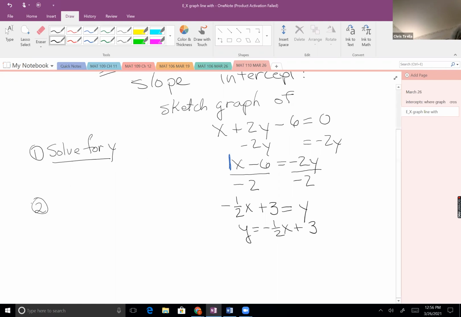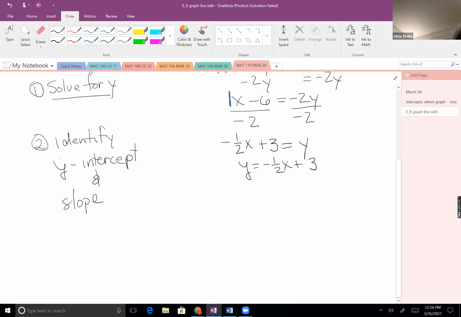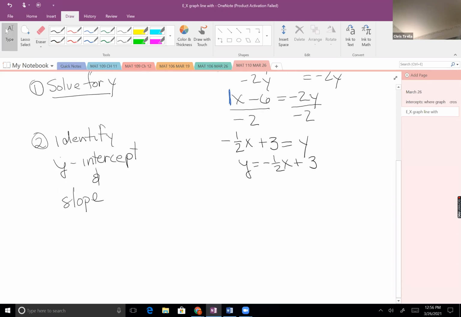Now, what I want to do is I want to, from there, identify the y-intercept and the slope. Well, some people like to compare it to that general equation, y equals mx plus b.